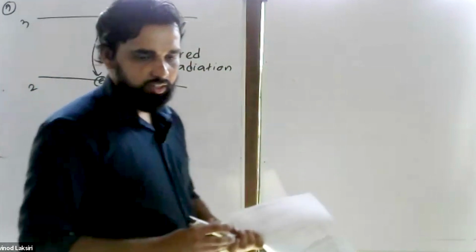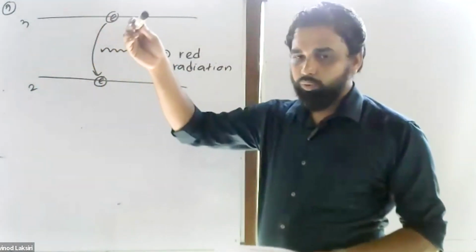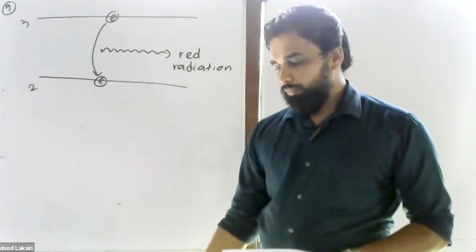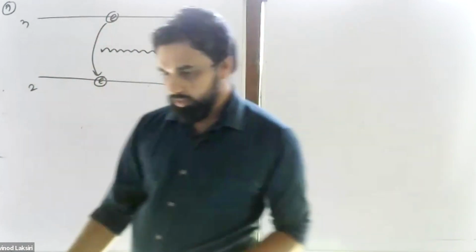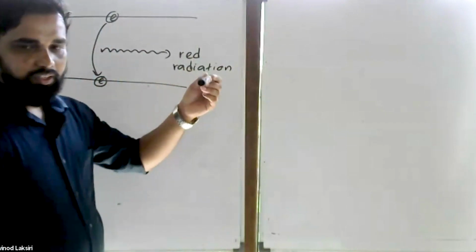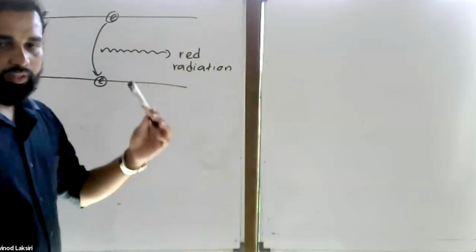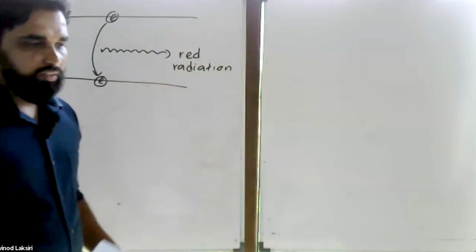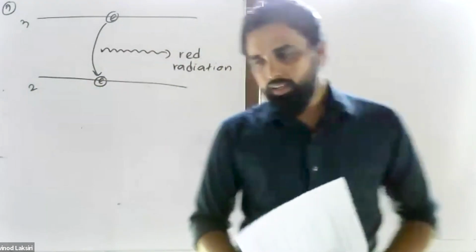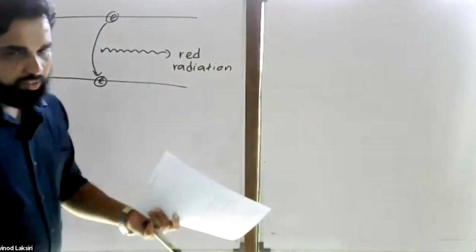Do you understand? Think of this pen. When this pen moves to the Earth's surface, its potential energy decreases. That decreasing amount of potential energy is converted to something, so we can hear a sound.